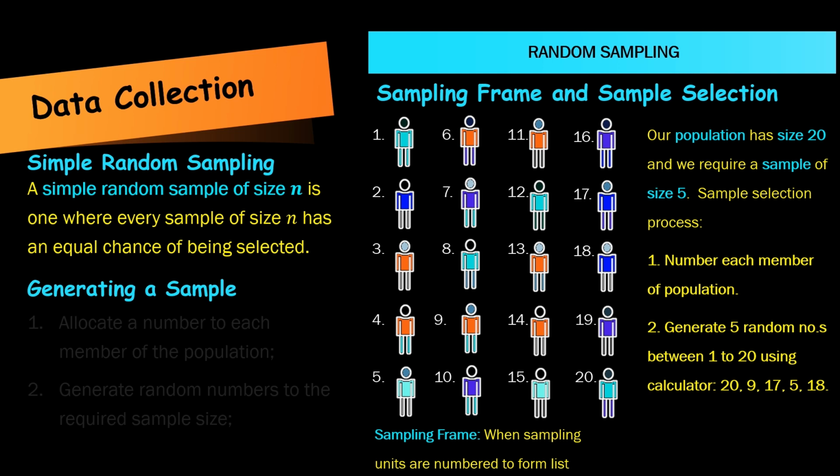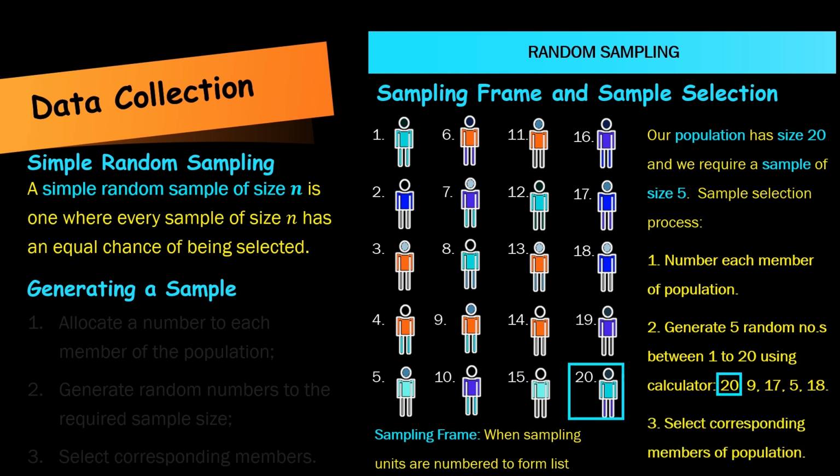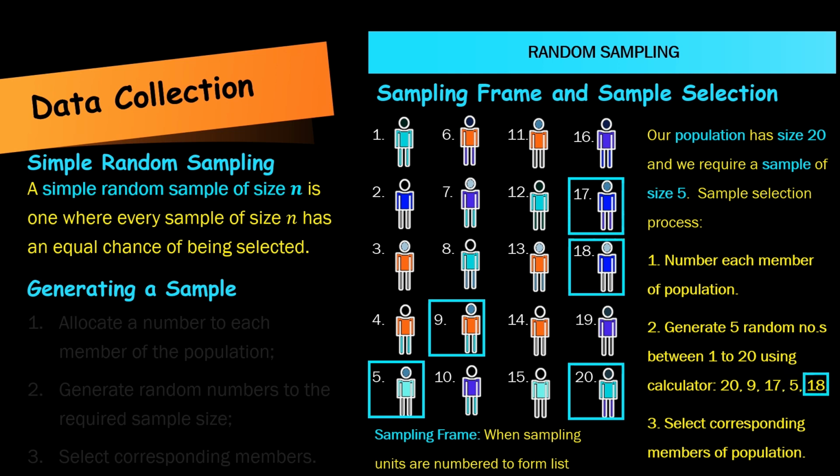The numbers which we have been given are 20, 9, 17, 5 and 18. So let's select the corresponding members. Here's the 20th member, the 9th member, the 17th member, the 5th member, and the 18th member.